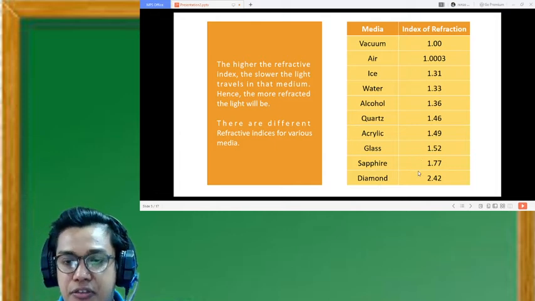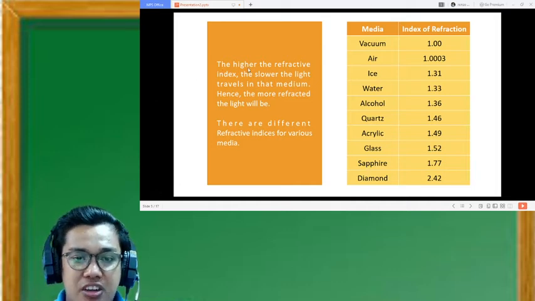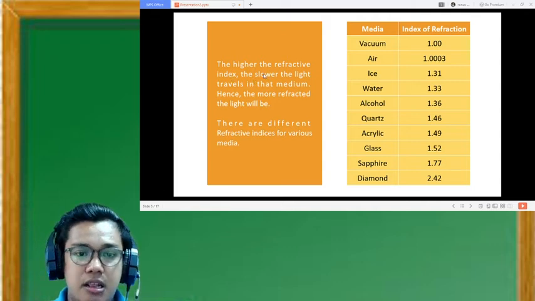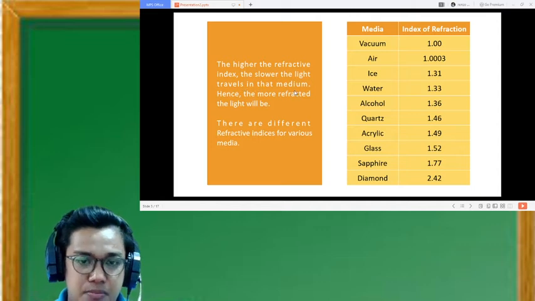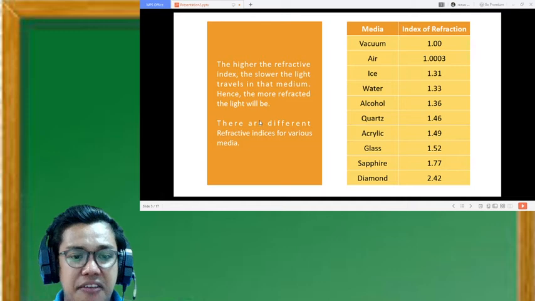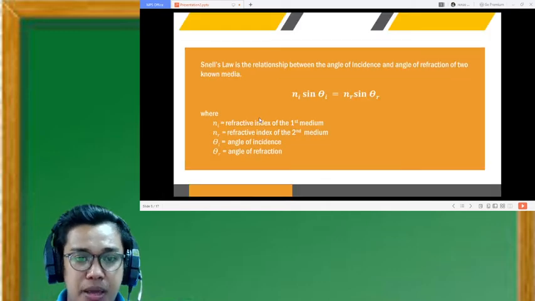These are the refractive indices of those media. So the higher the refractive index, the slower the light travels in that medium. Hence, the more refracted the light will be. There are different refractive indices for various media.